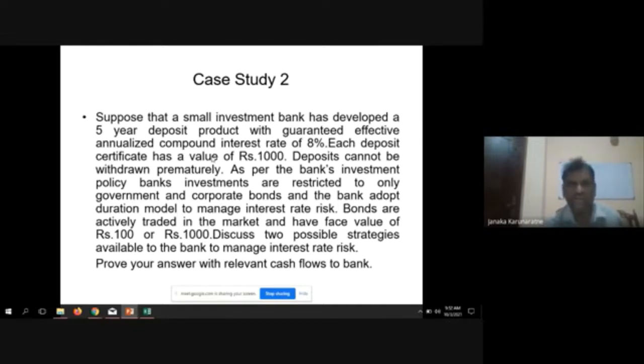So the model they follow is the duration model. Bonds are actually traded in the market and have a face value of 100 or 1,000. Discuss two possible strategies available to the bank to manage interest rate risk.